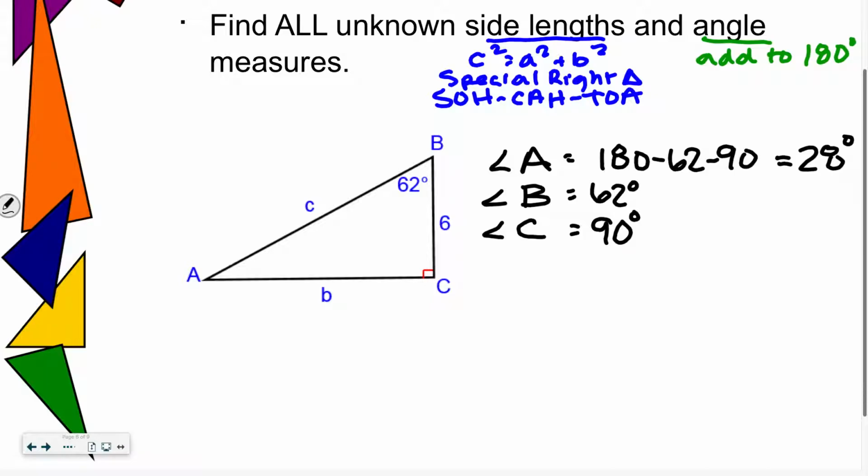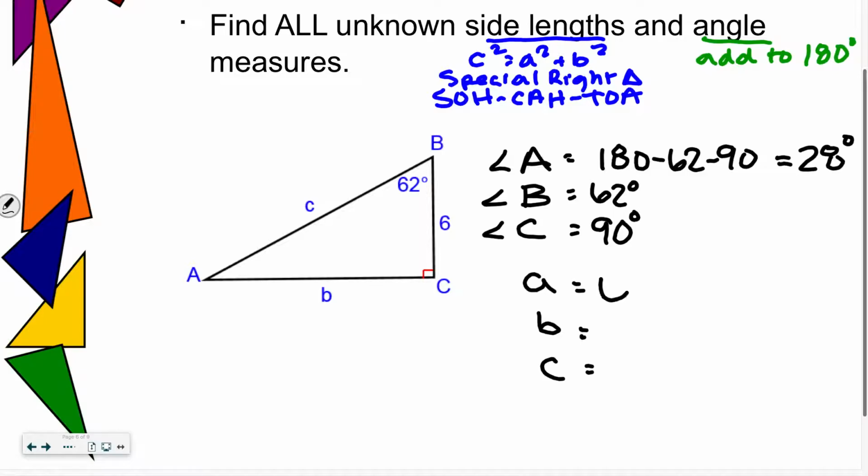We also should be able to name all 3 sides. So in a triangle ABC, we would have sides A, B, and C. Now, I just want to point something out that maybe wasn't always clear in geometry. The side A is always opposite of angle A. So opposite of angle A is 6.